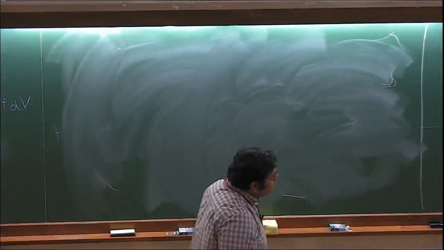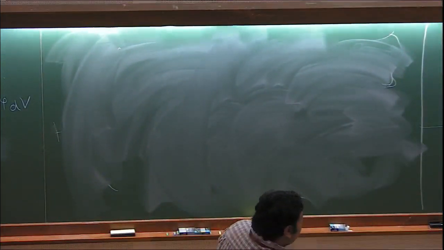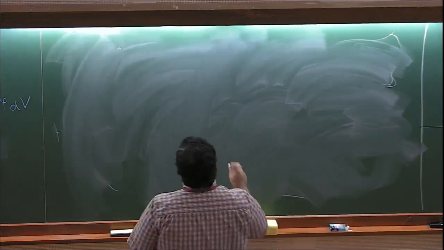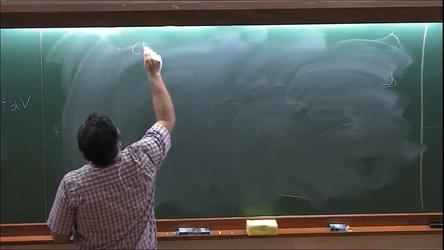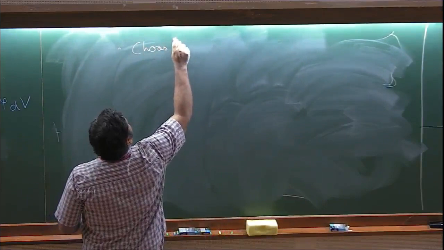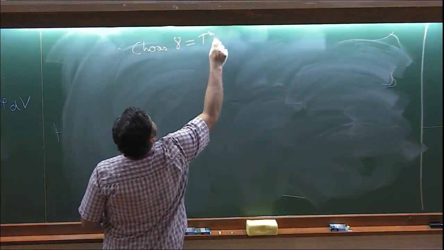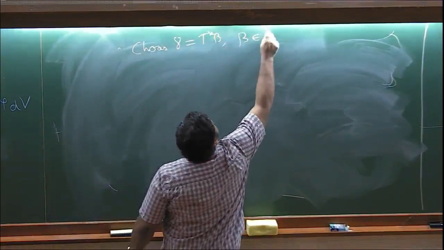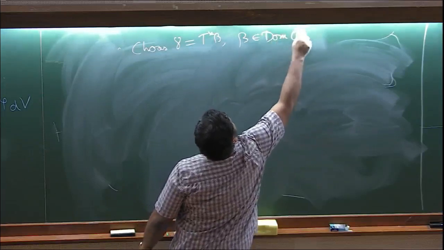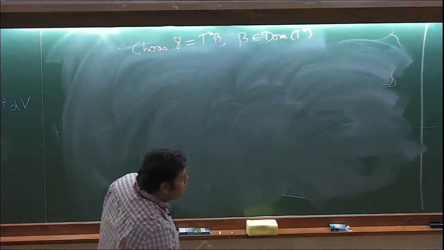Okay, and we are almost there. So now you choose gamma to be T star beta, where beta is in the domain of T star, and let's see what that gives me.